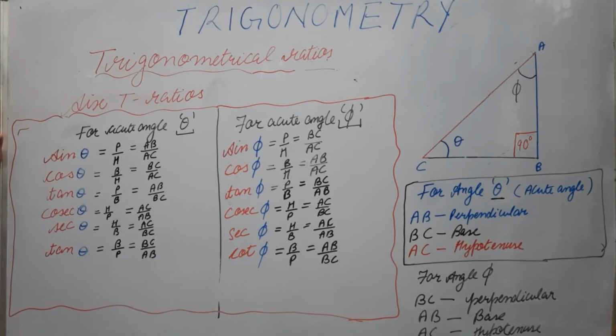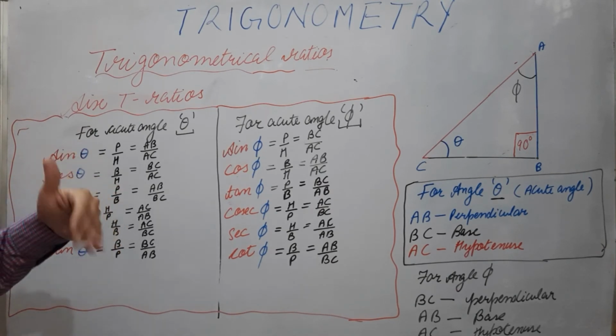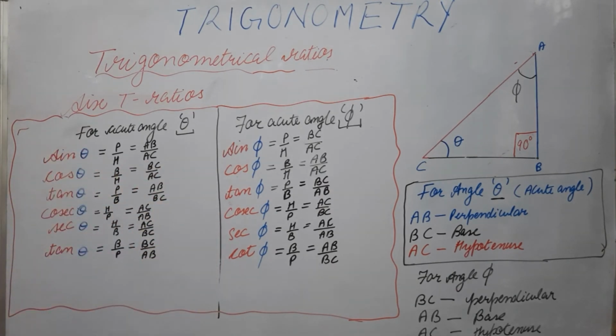Trigonometry deals with the sides and the angles. The most important thing is the angle known as the angle of reference. For this angle of reference, one side becomes your perpendicular and the other side becomes your base, which make an angle of 90 degrees.